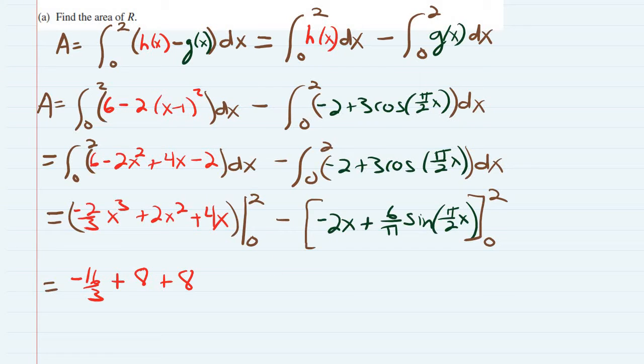When we evaluate this other one, when I put a 2 in, obviously I'm going to get a negative 4, so I'm going to put a negative 4 here. But when I put in a 2 here for x, that's going to be sine of 2 pi over 2, or sine of pi, which is 0.